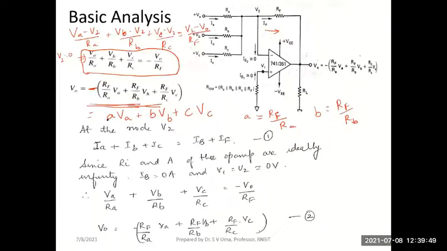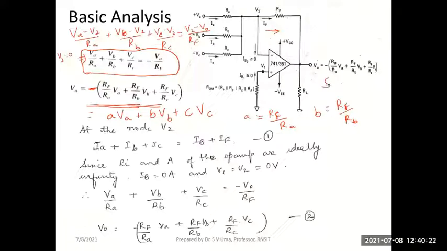So what are we trying to do? We are trying to scale each of the input signals to different constant values. A ratio of resistances is always a constant value, and I am scaling each of the input voltages to various constant values, RF by RA, RF by RB, RF by RC. Hence, it is called a scaling amplifier or a scaling circuit.